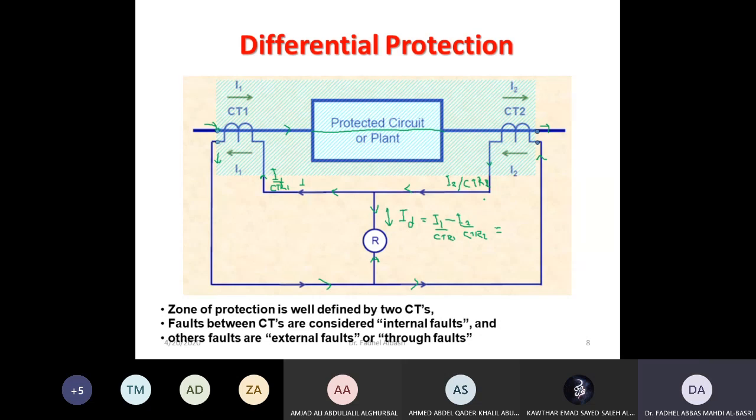When these two currents are not equal, because of internal faults, the differential will not be zero. So this is called the differential current that will flow in an overcurrent relay. So a differential relay is an overcurrent relay, but the current through it is not the line current or phase current. It's the difference between currents.